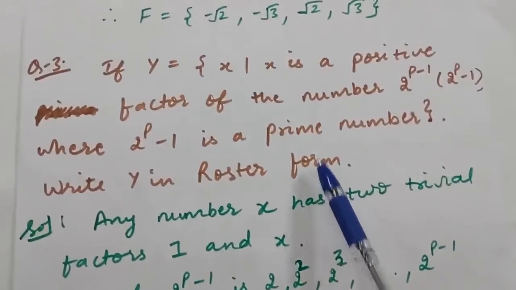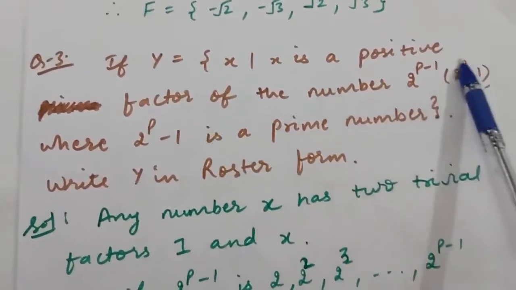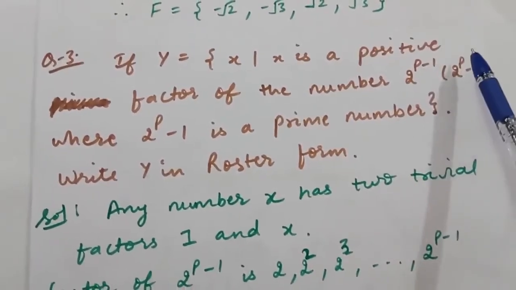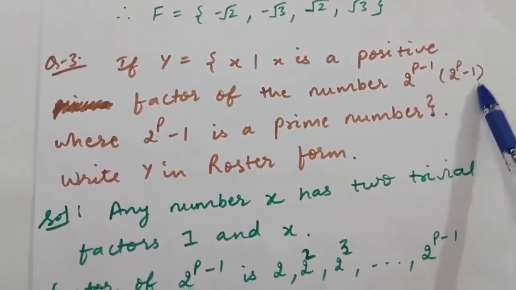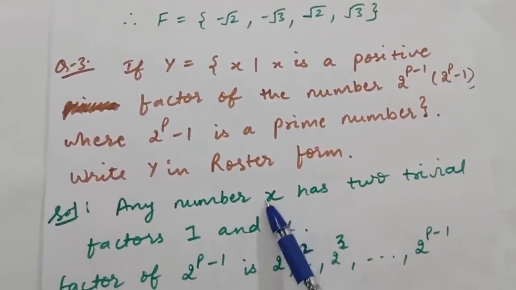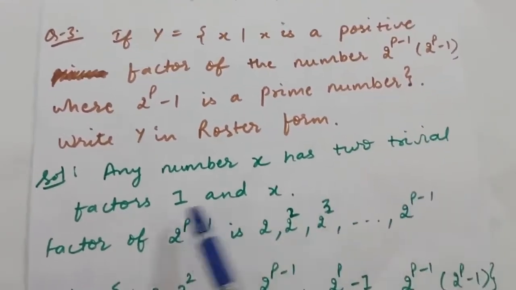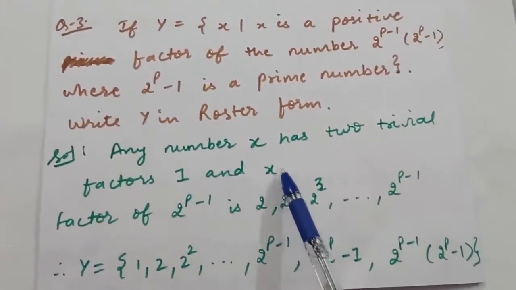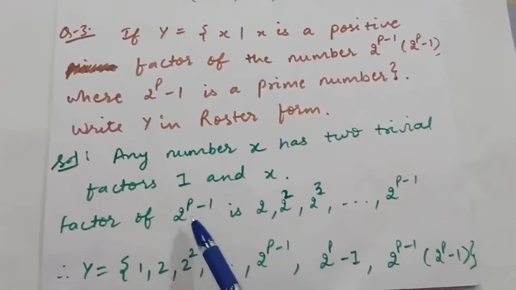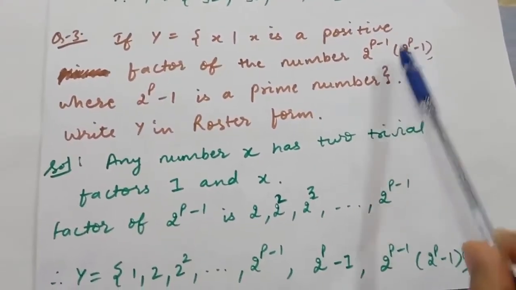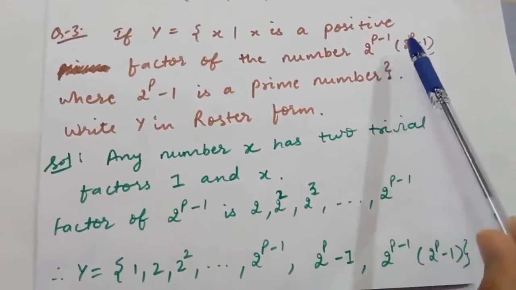So y is the set of factors of this number. As we know, any number has two trivial factors, that is obvious factors, which are 1 and the number itself.